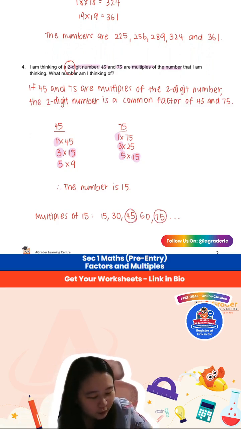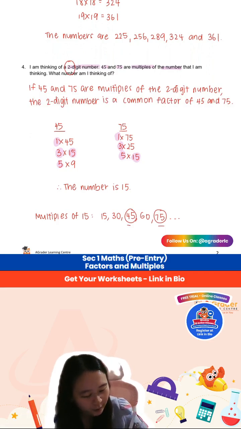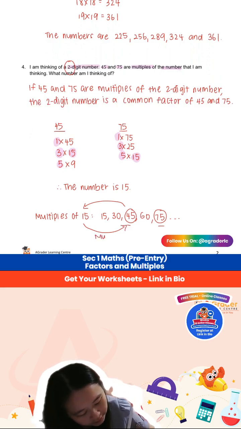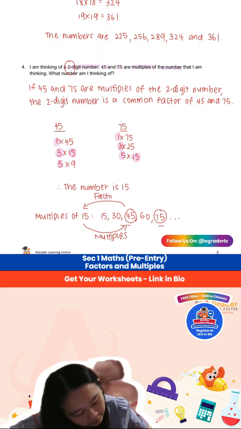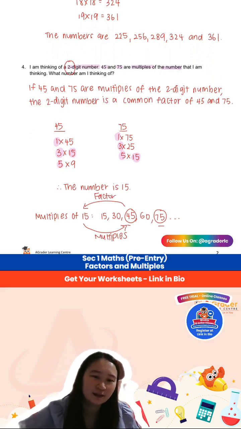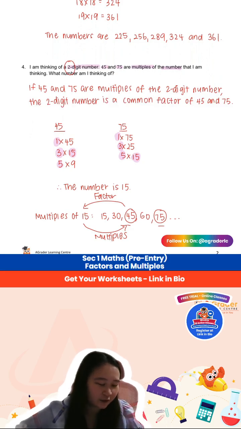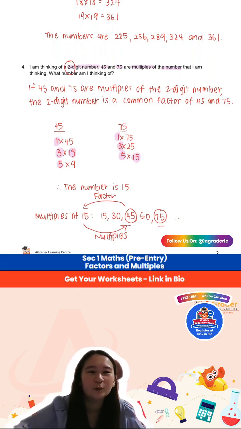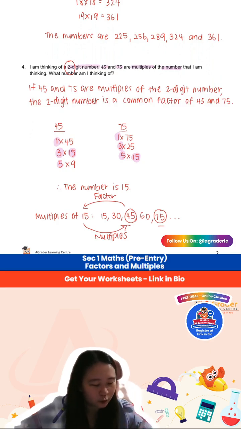They tell you that these two numbers are multiples of this number. If this is multiples, what is the opposite? The opposite will be factor. Correct. 15 is a factor of 15, 30, 45, 60, and 75, and so on. Therefore, we have to find the common factor because there are two numbers here.